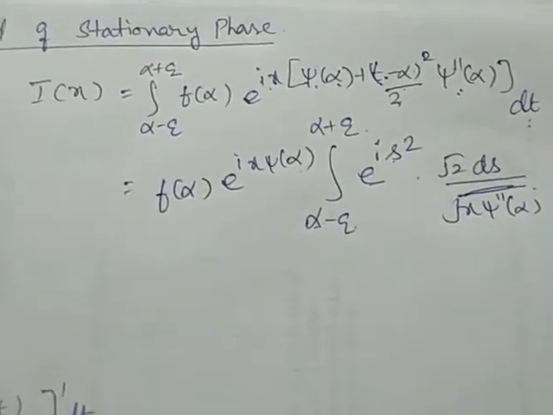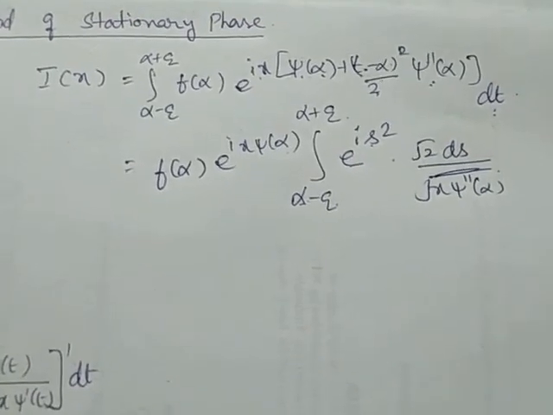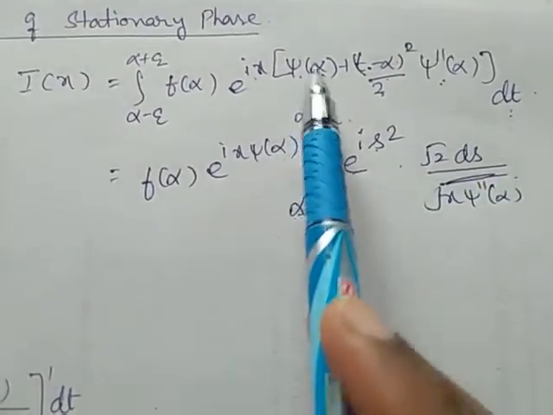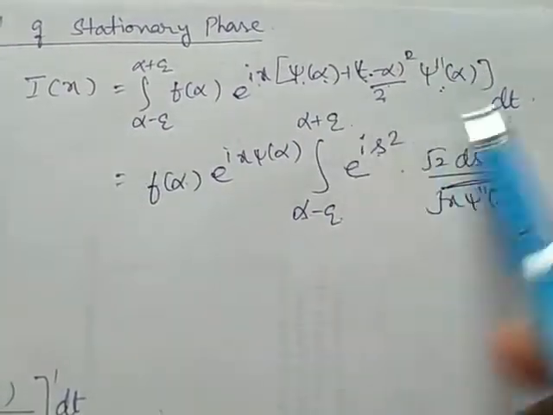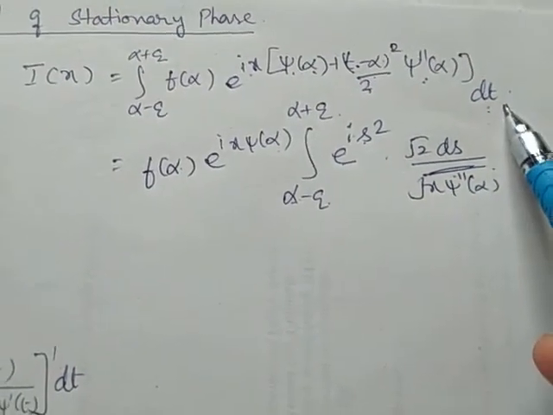See, in the Laplace transform itself, I have explained everything in detail. The same procedure will be repeated here also, so I am not explaining all those things in detail. It is just the substitution method. I have split this, substituted this term as s², and taken the dt formula. That's all.